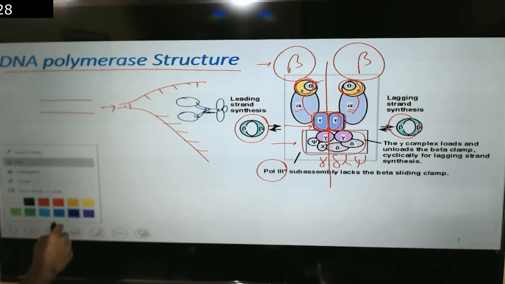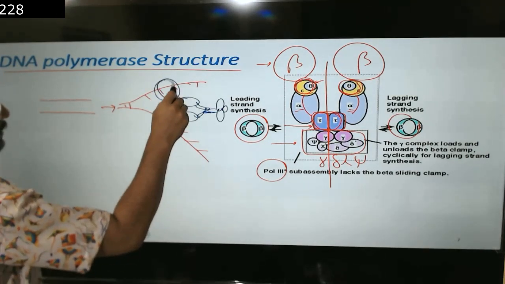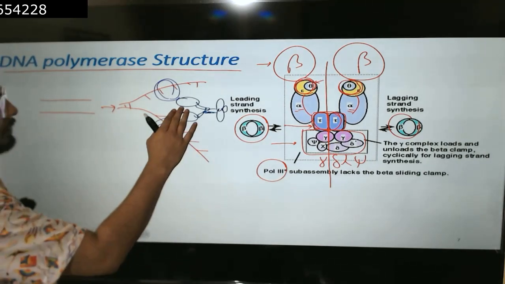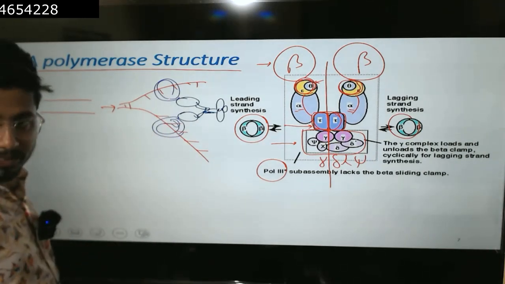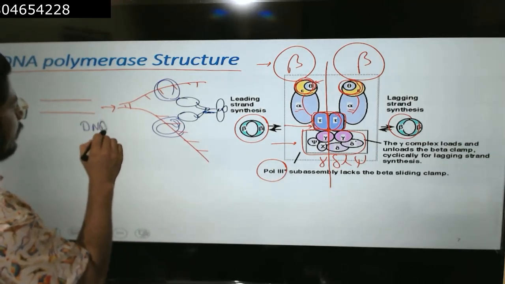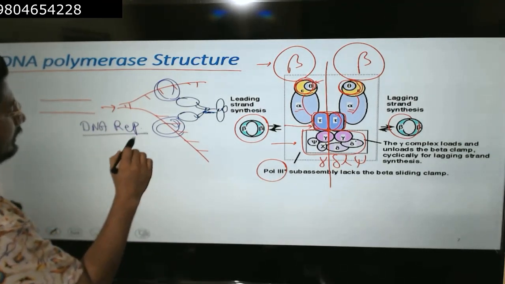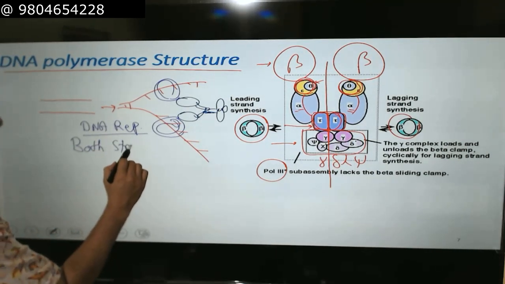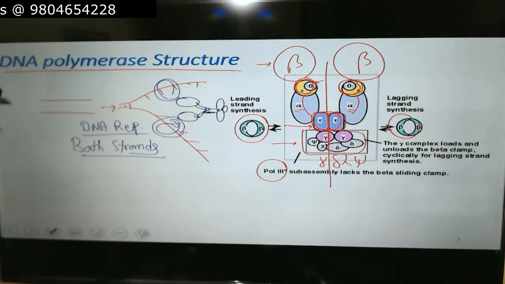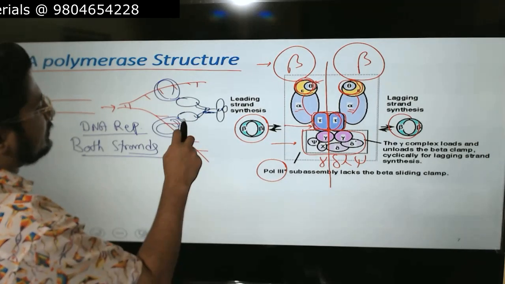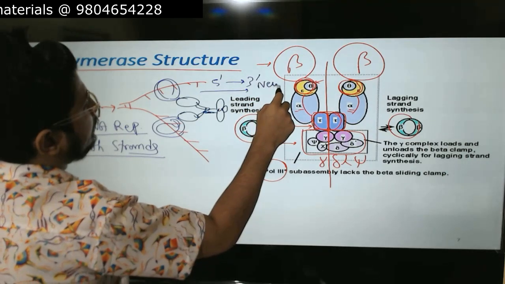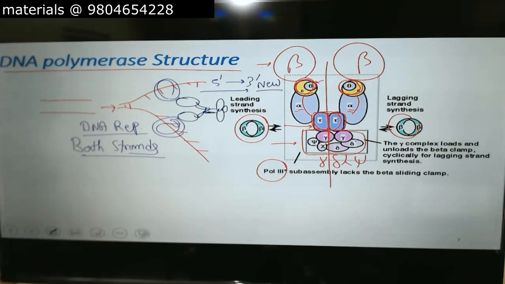The beta clamp will help to load the polymerase on top of both template strands, because the DNA replication process in prokaryotes is going on in both strands simultaneously. So the beta clamp is loaded on both strands, and the polymerase will move in the 5' to 3' direction of the newly synthesizing strand.